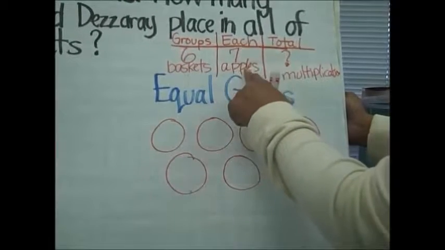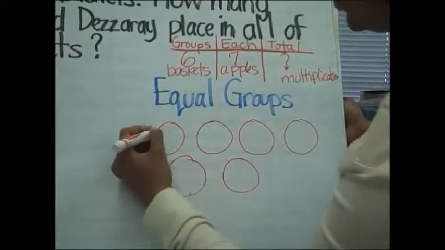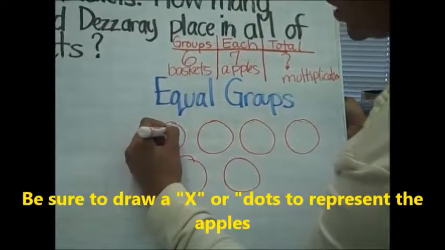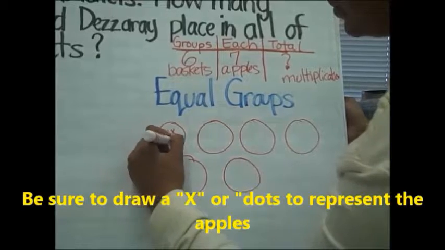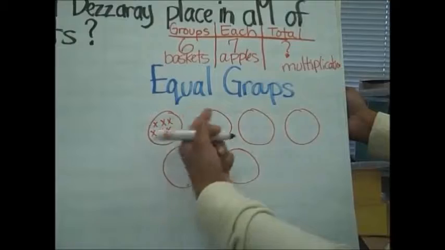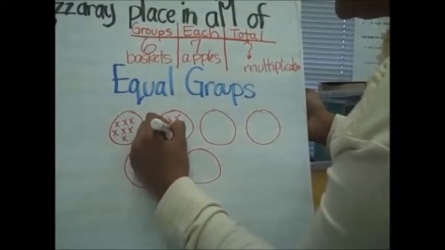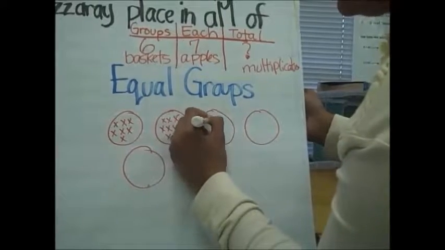And in each group I have 7 apples. Sometimes I may want to draw little X's or circles so that I'm able to count the number of units inside each group. So I'm going to place 7 in each.